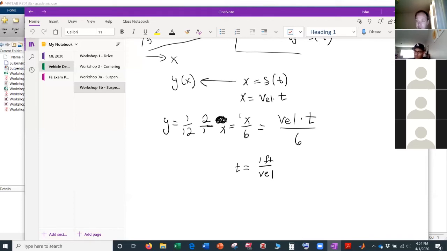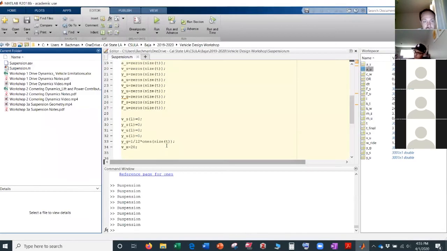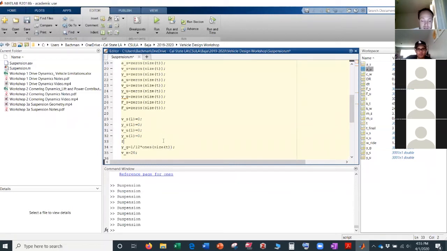Okay, so let's try and make a little 2-inch ramp basically. I think this is the easiest way to do this. So let's do for I equals 1 to length of t. We'll go through all of time, and we're going to define what the y of the ground is.